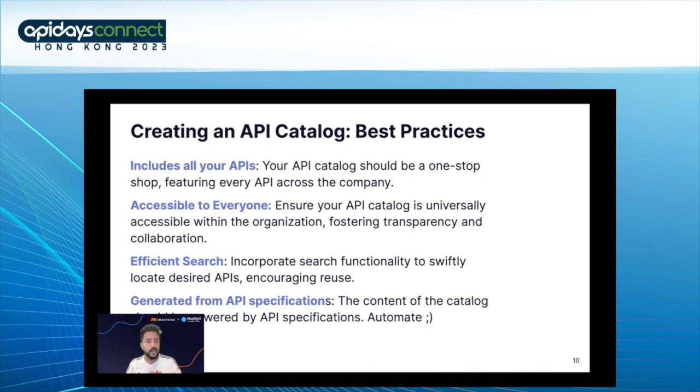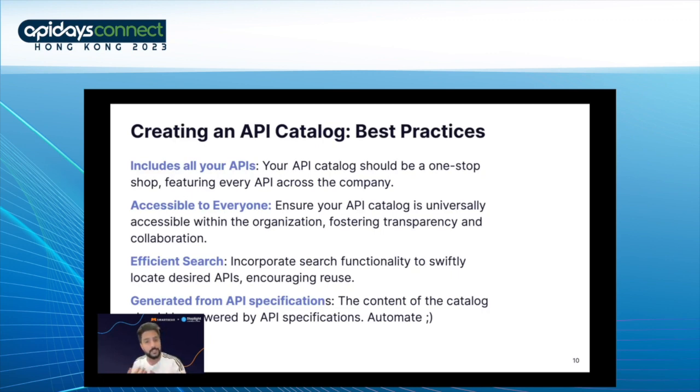Make this catalog accessible to everyone. This doesn't need to be just developers or engineers, be it product managers, be it other teams, be it the business folks. Everybody should have access to the API catalog itself. And having a good search really helps as people try and build new APIs. They need to know if there's an existing one that they can potentially use or get some ideas for the new APIs that they're building.